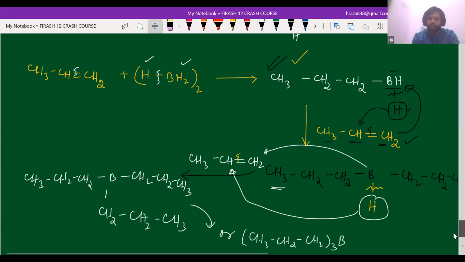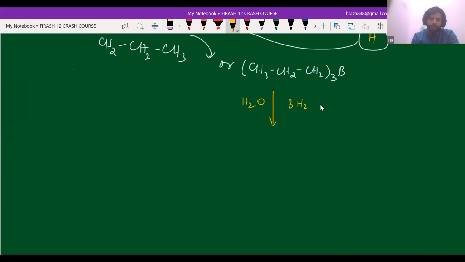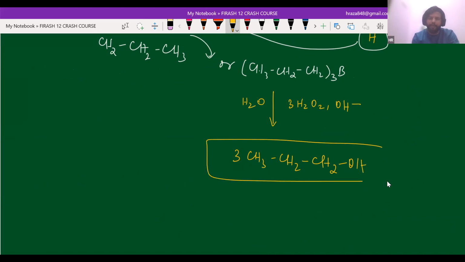After this, you are going to do the second part of the reaction, that is in the presence of H2O, H2O2, and then OH base, in the presence of base. You will get 3 moles of alcohol, primary alcohol. In this way, we do the reaction. What is its name?